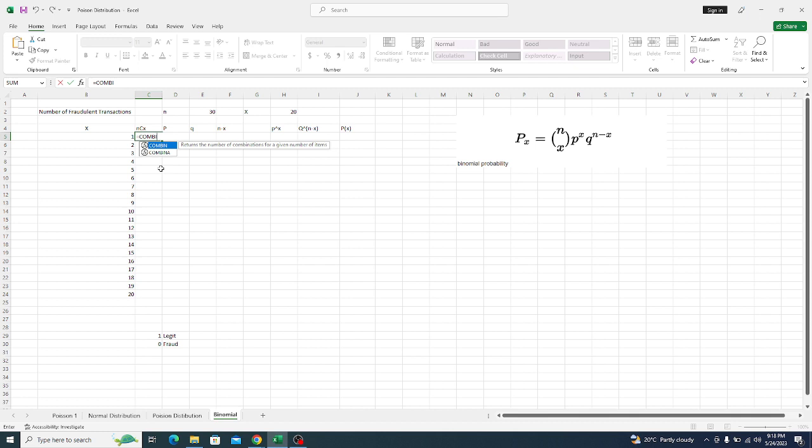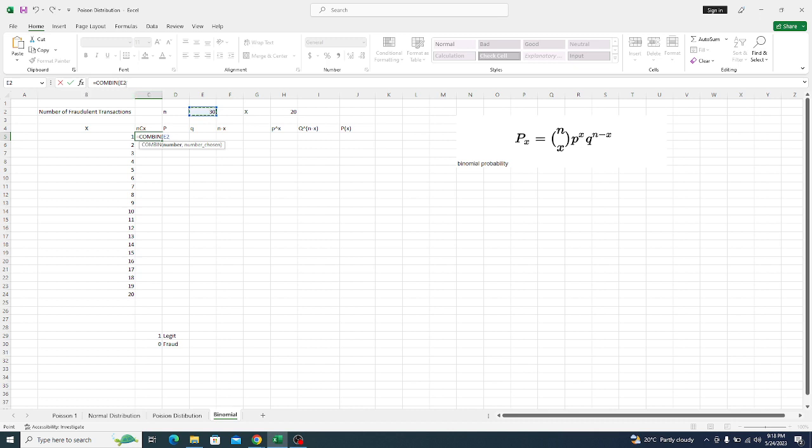We are going to use COMBIN, which will return the combination of the given number of items. Then we need the total number of items. We have 30 trials, so we will use 30 trials.